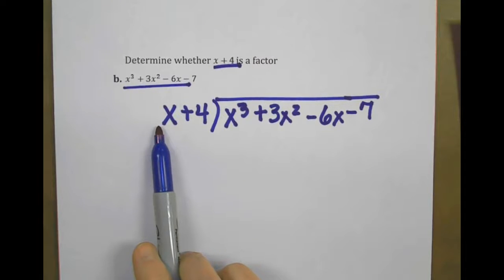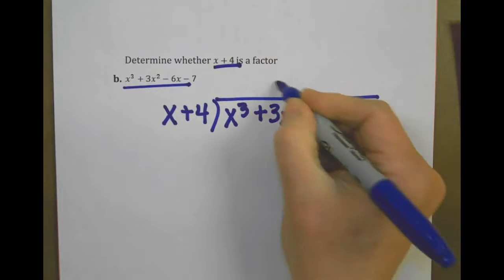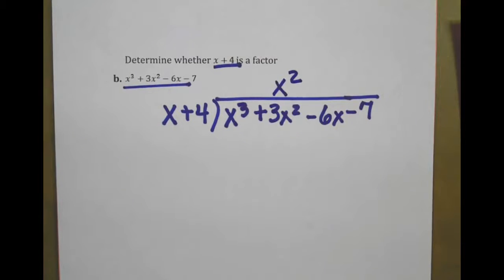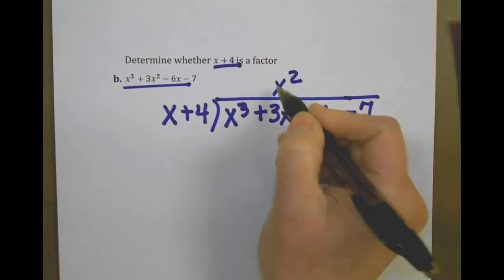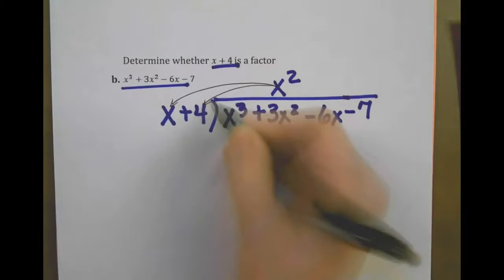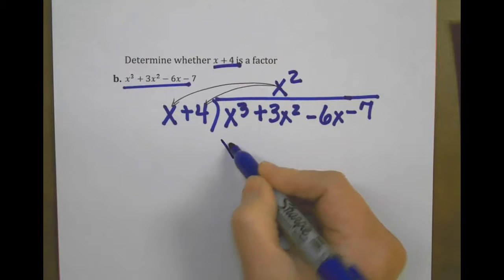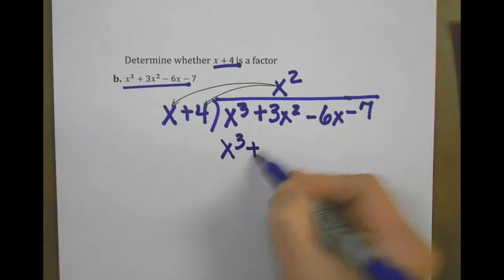What do I need to multiply x by so it equals x to the third power? I have to multiply this times the x and also times the 4. I multiply it by both of those.